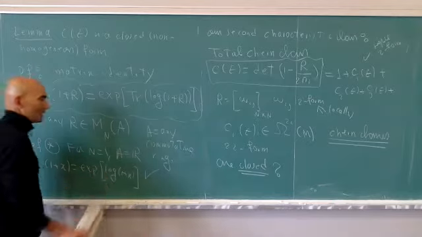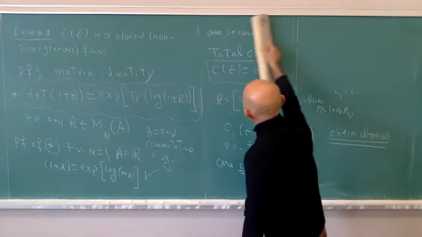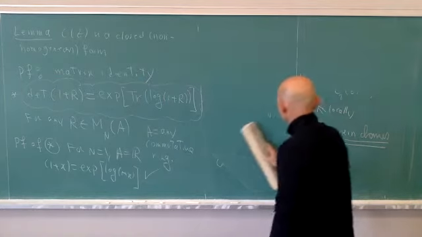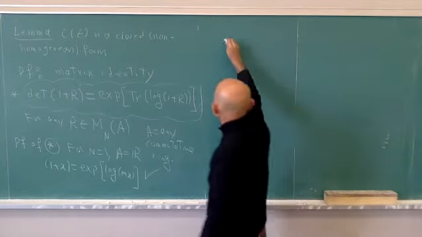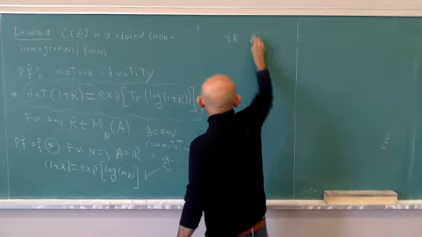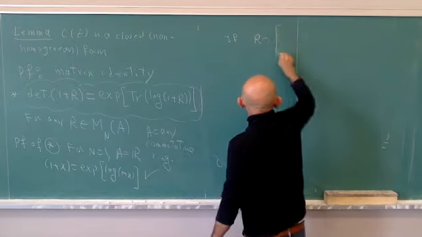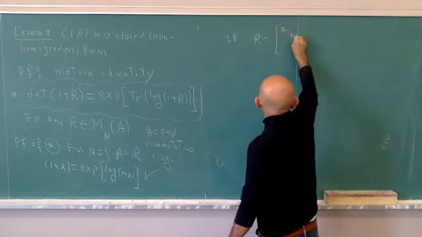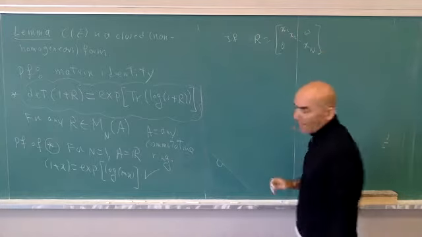Now let us do this for diagonal matrices. R equal to diag(x1, x2, ..., xn) is diagonal.